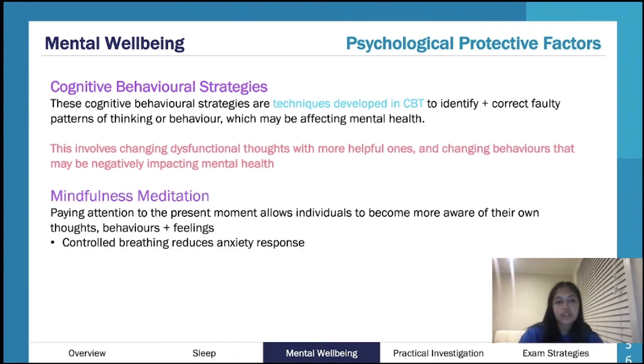So obviously we talked about cognitive behavioral strategies in CBT in the context of specific phobia. In this context, you're describing it very generally, in mental well-being in general. So obviously when you write a response, it'll be different compared to what you would talk about in the context of specific phobia.